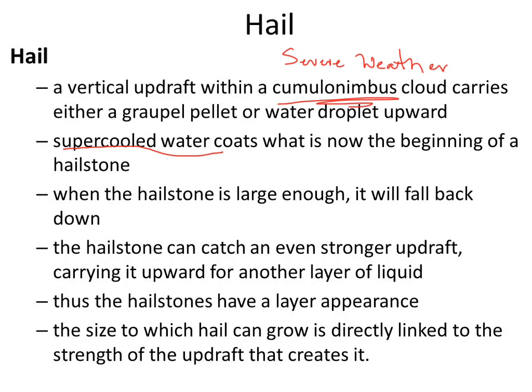And the graupel is just a little bit softer ice. Graupel doesn't have to be in cumulonimbus clouds, but it can begin to form as hail. They call it soft hail.